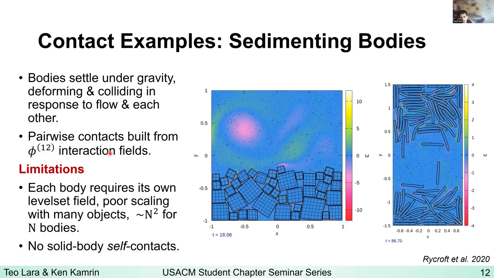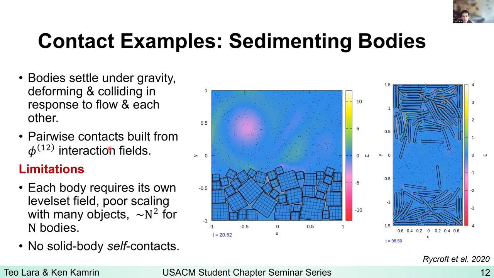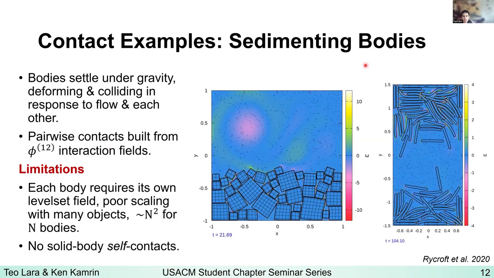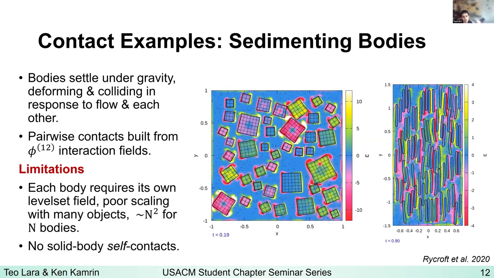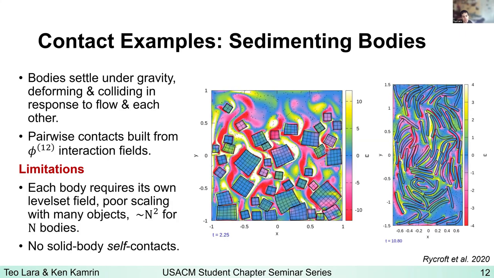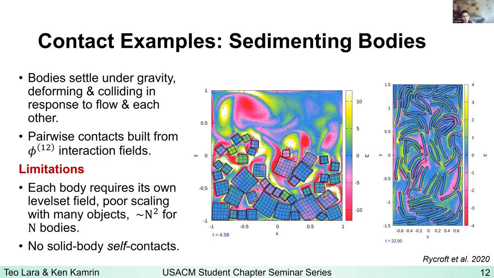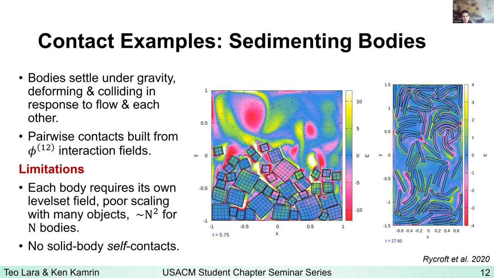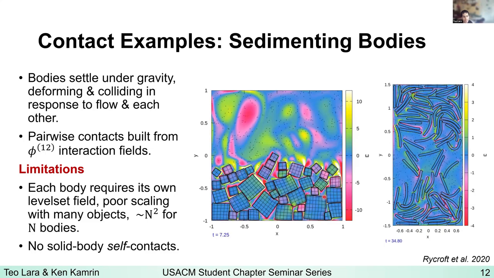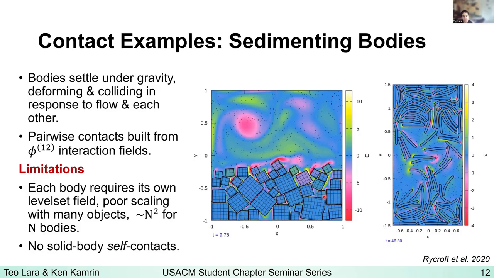This is all well and good, but there are two primary limitations to this, I'll call it, naive contact implementation. The first of which is that you need a different level set field for each of these bodies, right? Each of these squares has a different level set field. And for contact, each body looks at each other body to build its phi1,2 interaction field, right? And that is an n squared operation for n bodies as you look from each body to each other body.